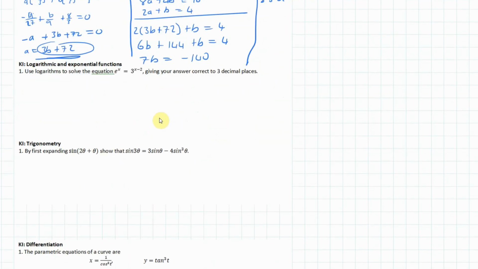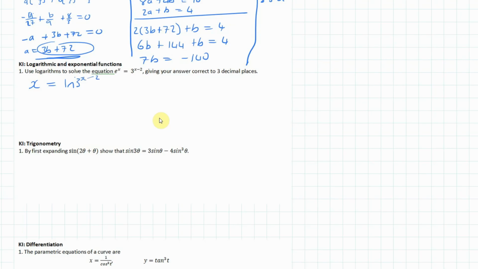The logarithmic and exponential functions question requires us to solve this to 3 decimal places using logarithms. So I'm going to take a natural log of both sides. When I do that, that gets rid of the e on the left-hand side to give me ln 3 to the x minus 2.